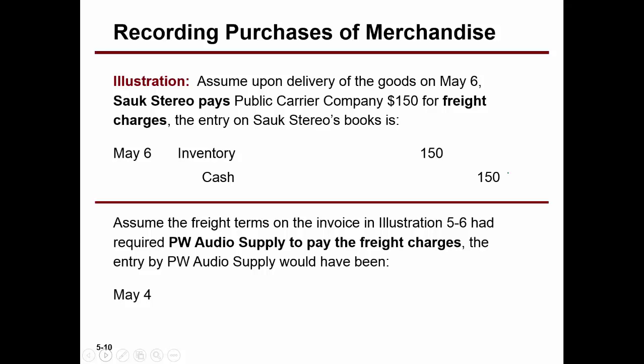If the seller pays the freight, which is what we see down here in this bottom section of this slide, now it is considered an operating expense. It is called freight out. Freight out is what type of expense?